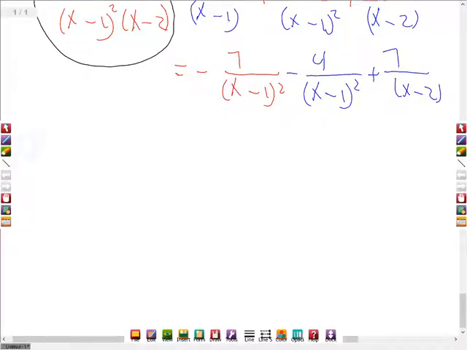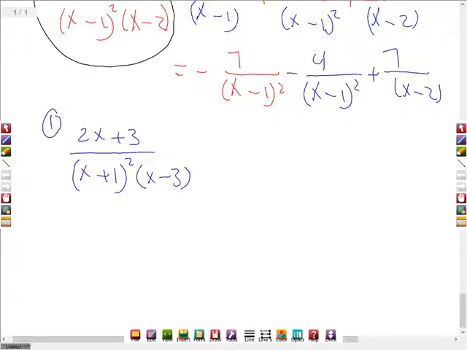The first problem, we're going to do 2x plus 3 over x plus 1 square x minus 3.